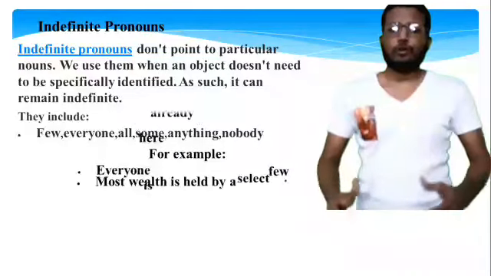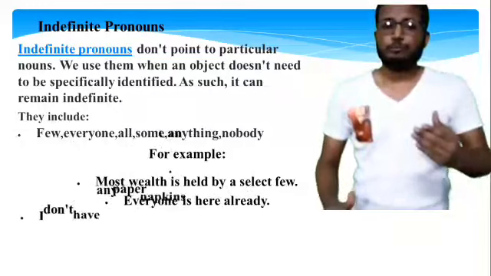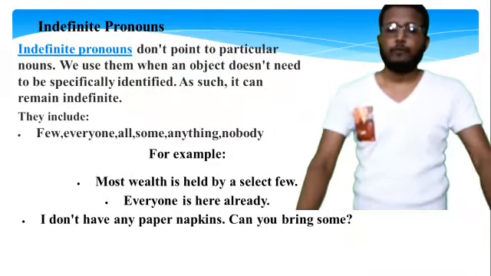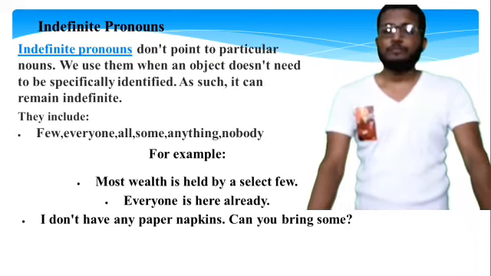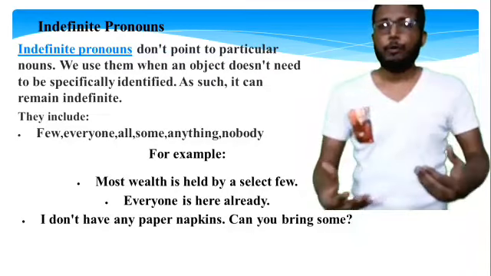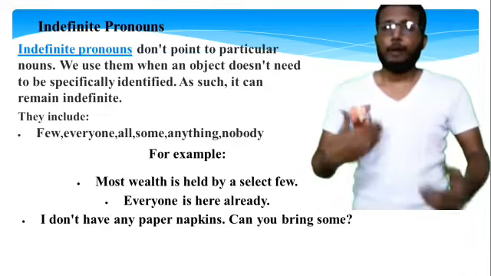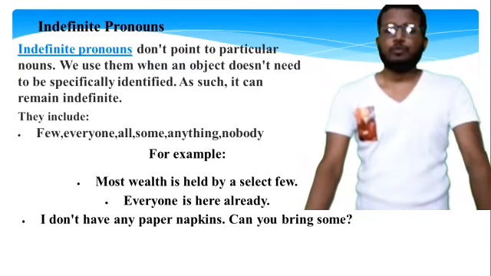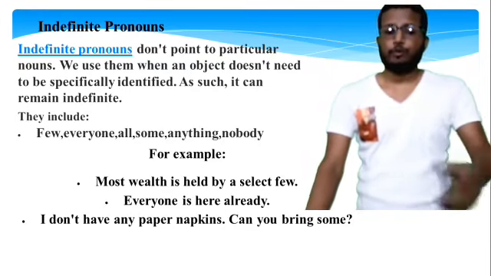Indefinite pronouns don't point to particular nouns. We use them when an object doesn't need to be specifically identified. Whom exactly I am asking to help me doesn't matter. So it was indefinite pronouns, and follow the examples.